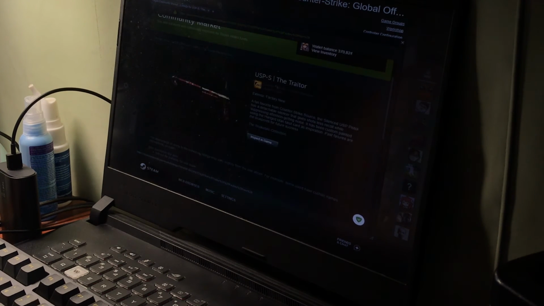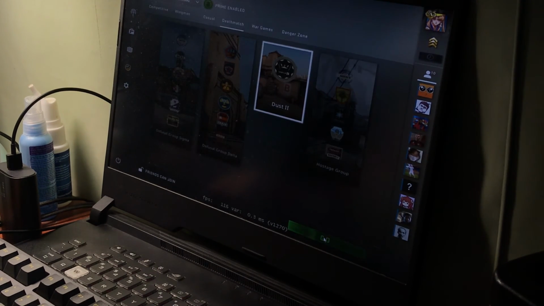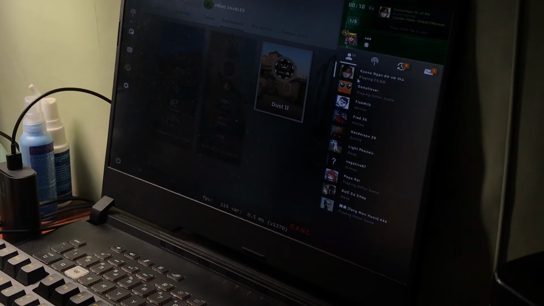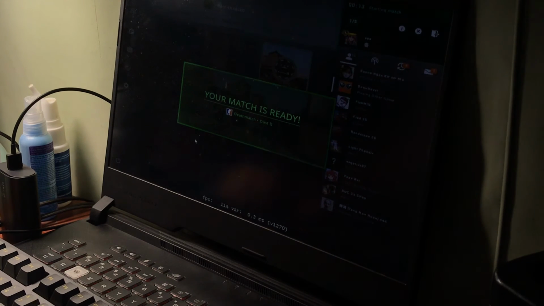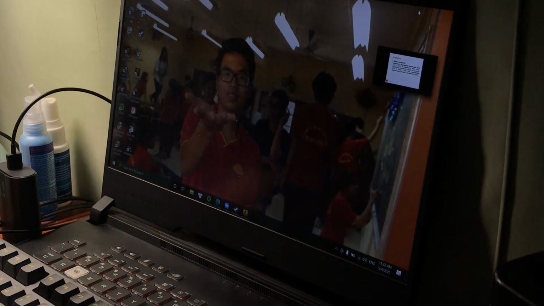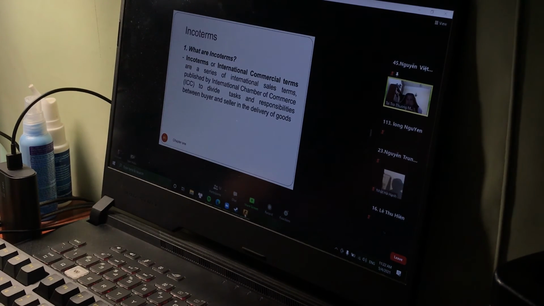What are Incoterms? Incoterms, or international commercial terms, are a series of international sales terms published by ICC, the International Chamber of Commerce, in Vietnamese Phòng Thương mại Quốc tế, to divide tasks and responsibilities between buyers and sellers in the delivery of goods.